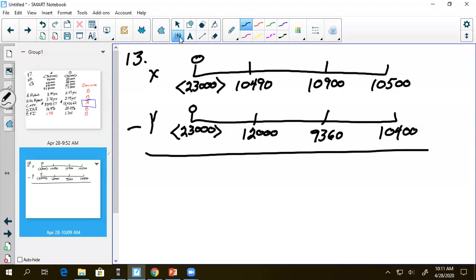So we subtract out, and we get 0 there for the initial outlay. What do we get for the next one? 12,000 minus 10,490 is what? 1,510, negative 1,510, right?